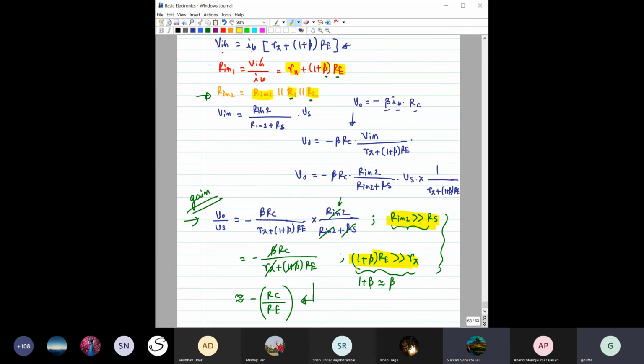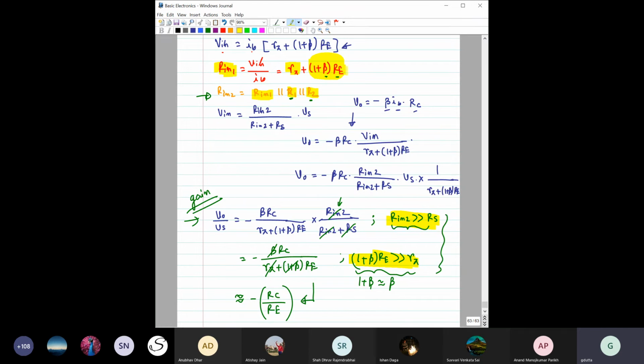Okay. But here, if you see from the second condition, 1 plus beta of RE is much, much higher than R pi. So obviously, we would try to make this RE a bit higher, right? Means from this REIR1, you will want this term to be higher than this R pi, right? So that means either beta value is higher or RE value is higher. So you can choose RE value higher, right?